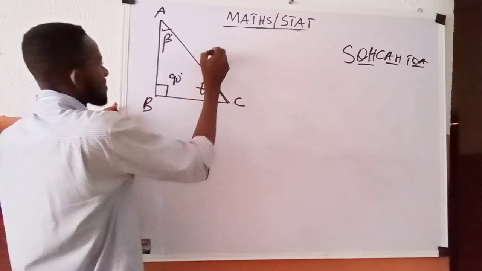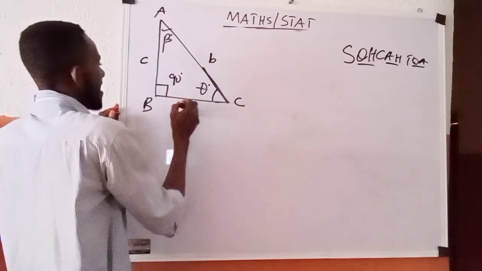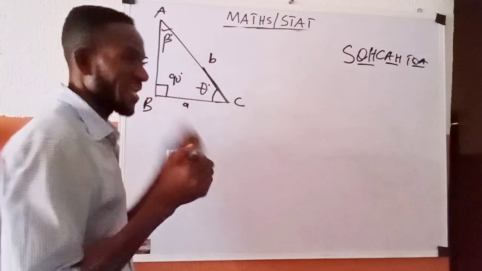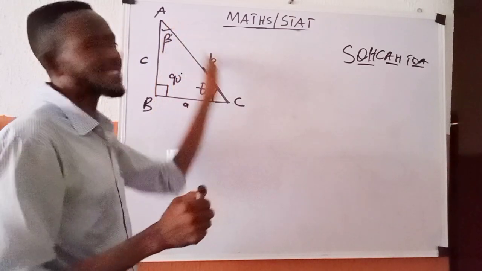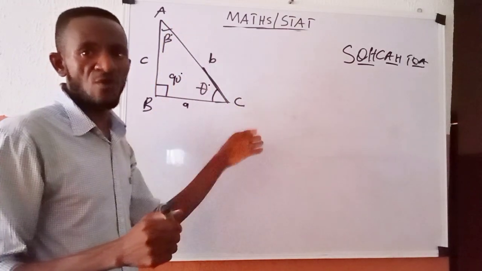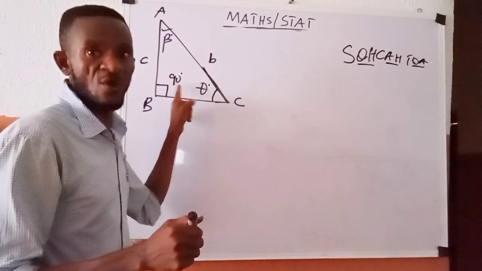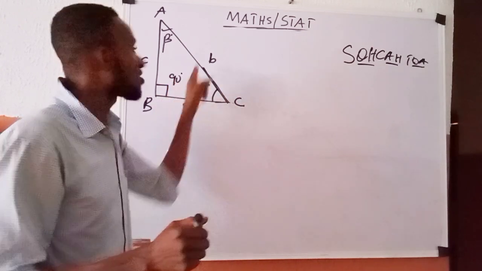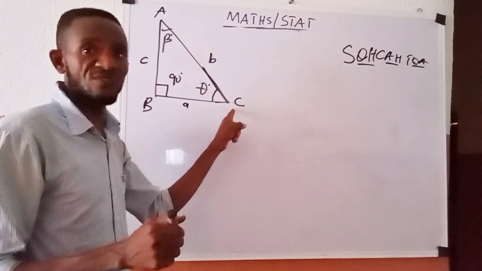Then here remains my small letter B, here remains my small letter C, and here still remains my small letter A. Of course, the longest side of the triangle, which is opposite to the angle 90, is what we call the hypotenuse. So B here is the hypotenuse.